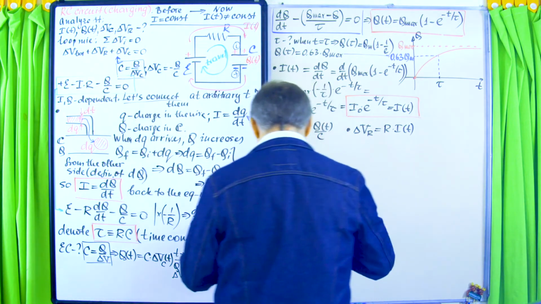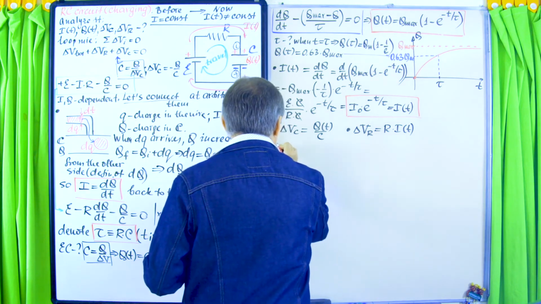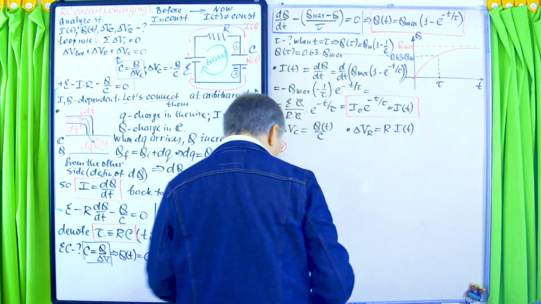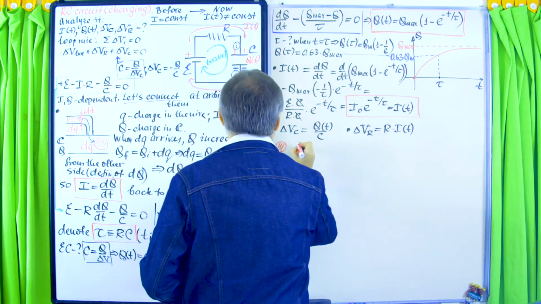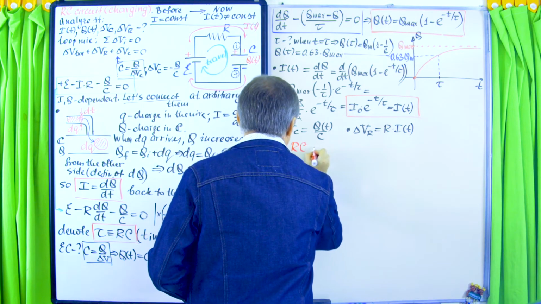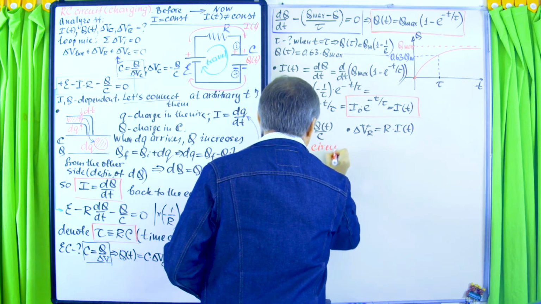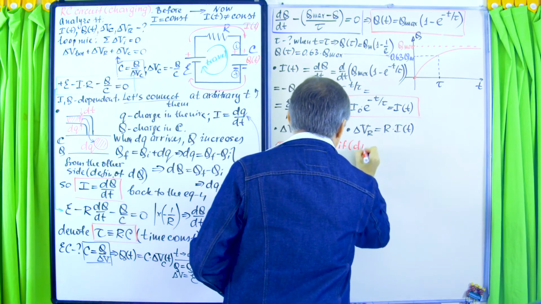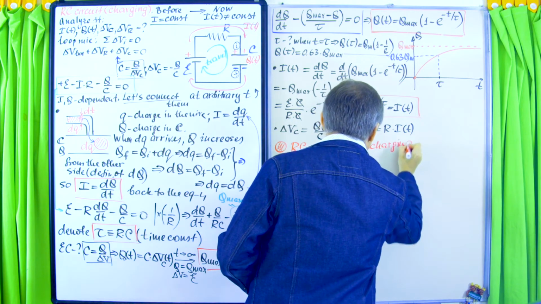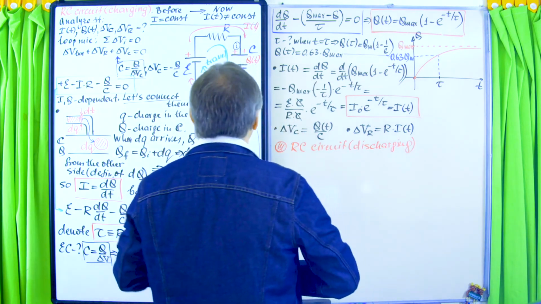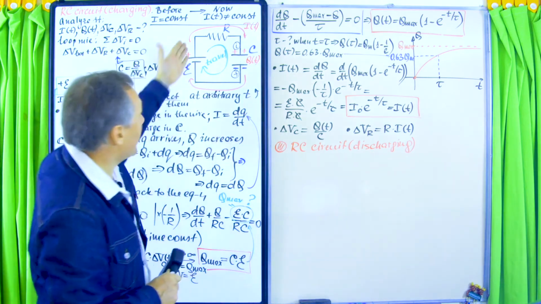Okay, so now let me put a new big bullet and write: discharging RC circuit, discharging case. So for this discharging situation, now the battery is not needed.